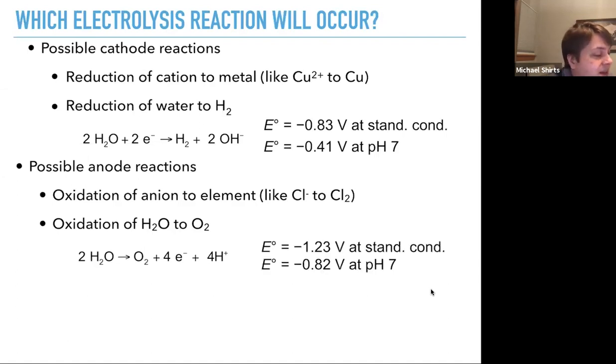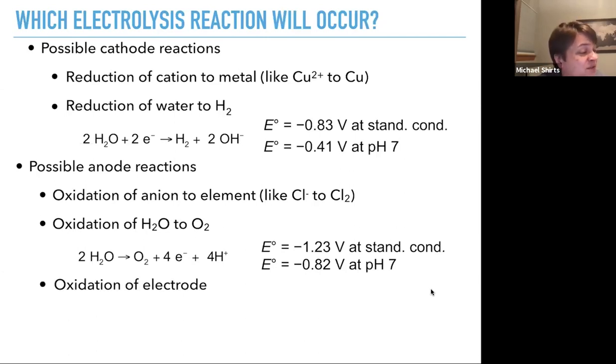Again, this is negative 1.23 volts at standard conditions, but because it produces H plus and the standard potential is at pH 0, if you have a more neutral solution, the reaction becomes more favorable by creating more H plus. Therefore it's not quite as difficult for this reaction to occur at pH 7. You don't have to drive it nearly as much at neutral pH as you would at acidic pH.